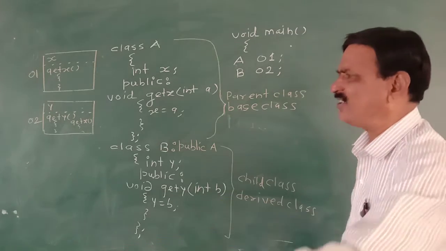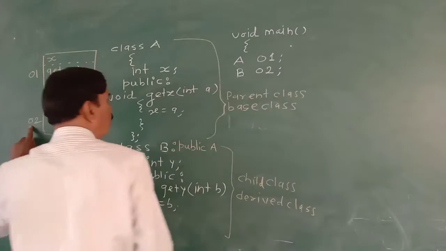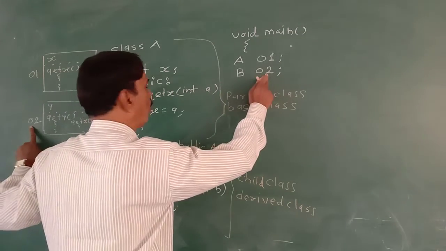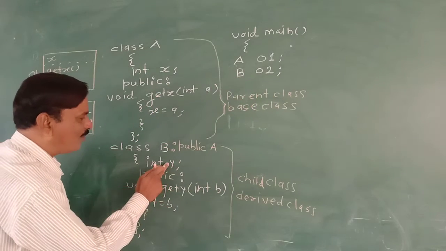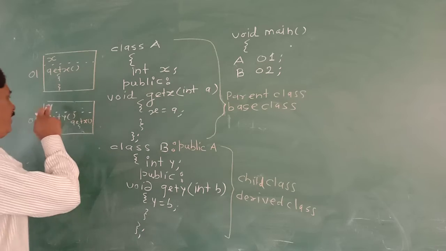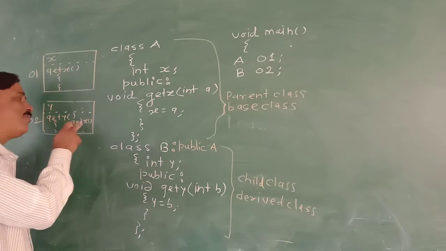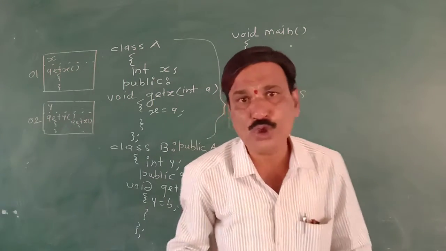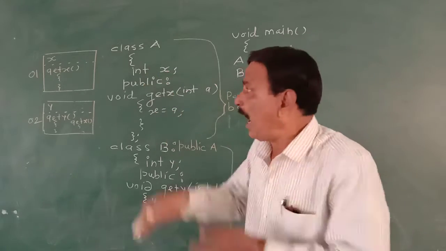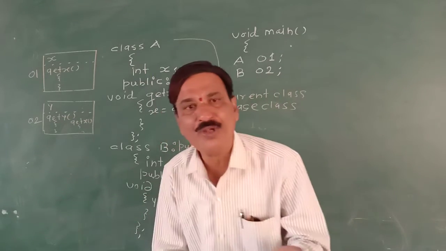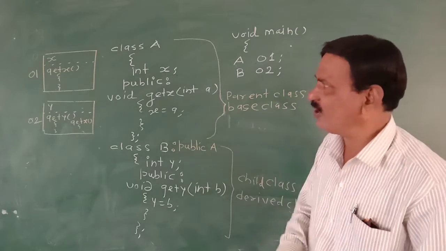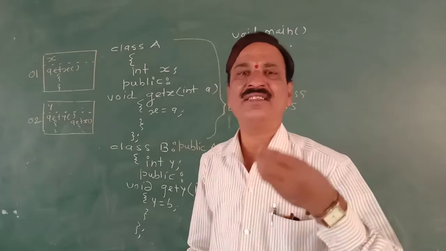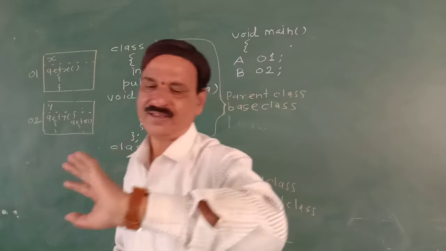Now you can ask the question: the O2 object belongs to class B, so inside the class there must be only y and gety. But there is y, gety as well as getx. Actually getx belongs to class A. Then how come it is available in an object of class B? Because class A is declared as the base class, the parent class.